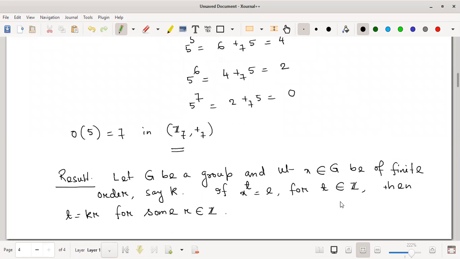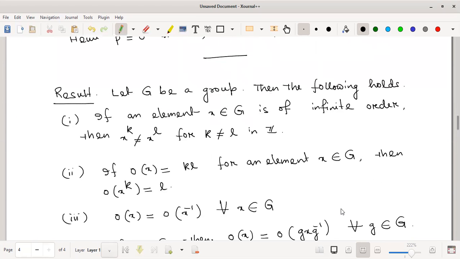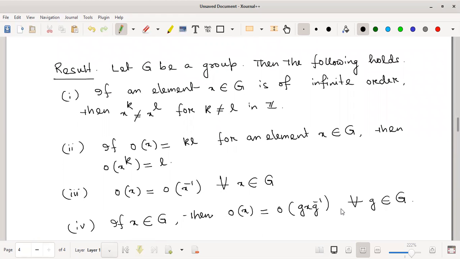And then we have proved the result first, that if order of an element is finite, then for any integer t, if x to the power t is identity, then t must be a multiple of order of x. And then we proved results having 4 parts: if x is of infinite order and k and l are not equal, then x to the power k cannot be equal to x to the power l.